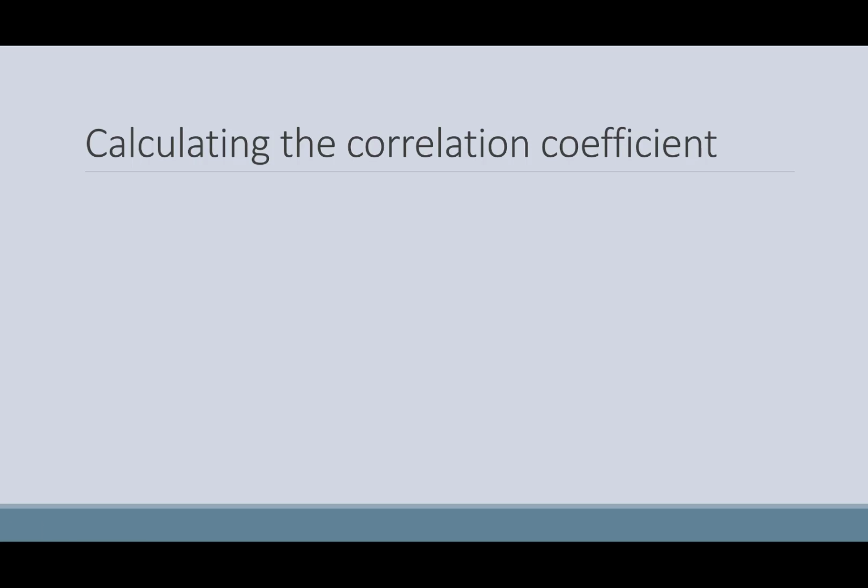Now we're actually going to need to calculate the correlation coefficient, which is the value of the correlation. It'll always be between -1 and 1, and this is going to allow us to determine mathematically whether or not we have correlation.